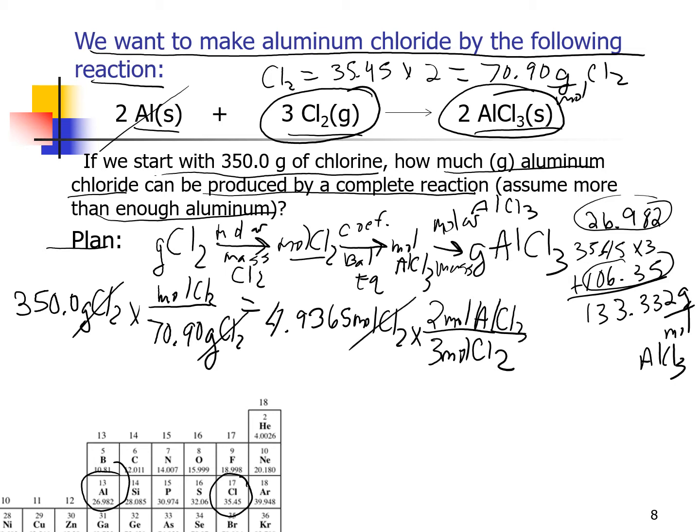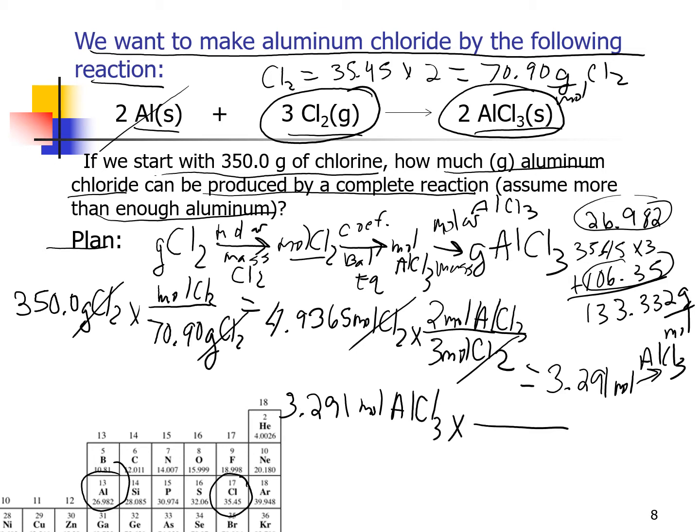So we can cancel moles of chlorine, and we can determine our moles of aluminum chloride. So 4.9365 times 2 divided by 3 will give me 3.291 moles of aluminum chloride. I'm going to rewrite that number down here so we have a little bit more space. 3.291 moles of aluminum chloride.